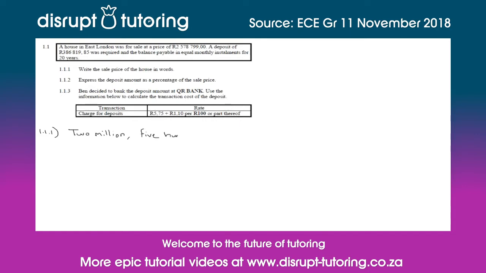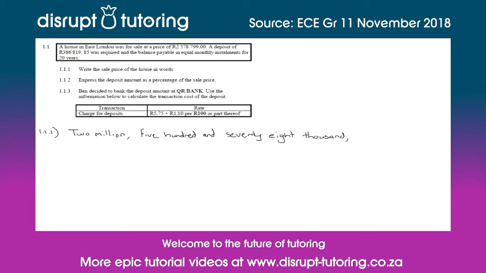500 and 78,000. Okay, and then comma, the last part, which would be 799.